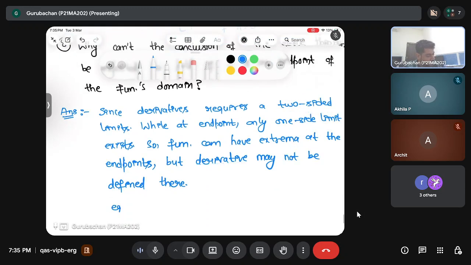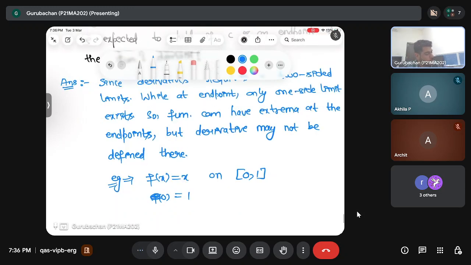So an example is f of x equal to x on the interval 0 to 1. So f of 0 is 0. So here the minimum value is 0, that is at x equal to 0.